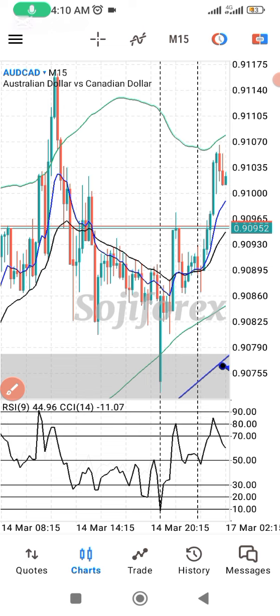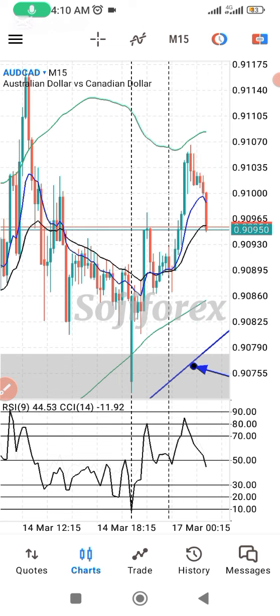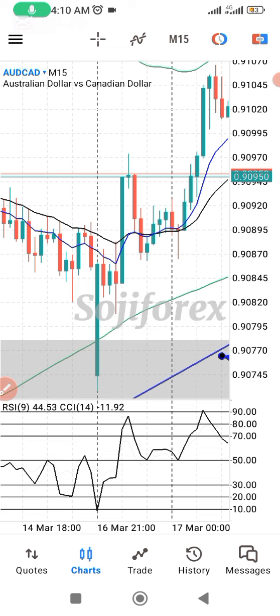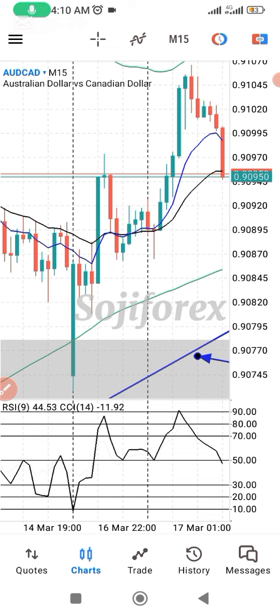Now, if you miss this particular one, remember we say that our entry as well can be from the zone of the mid of our moving averages, and this is it.